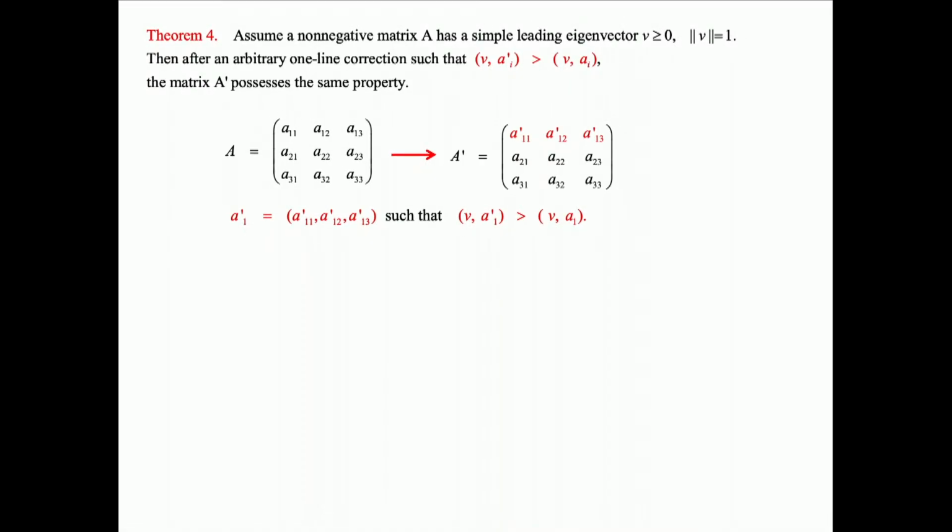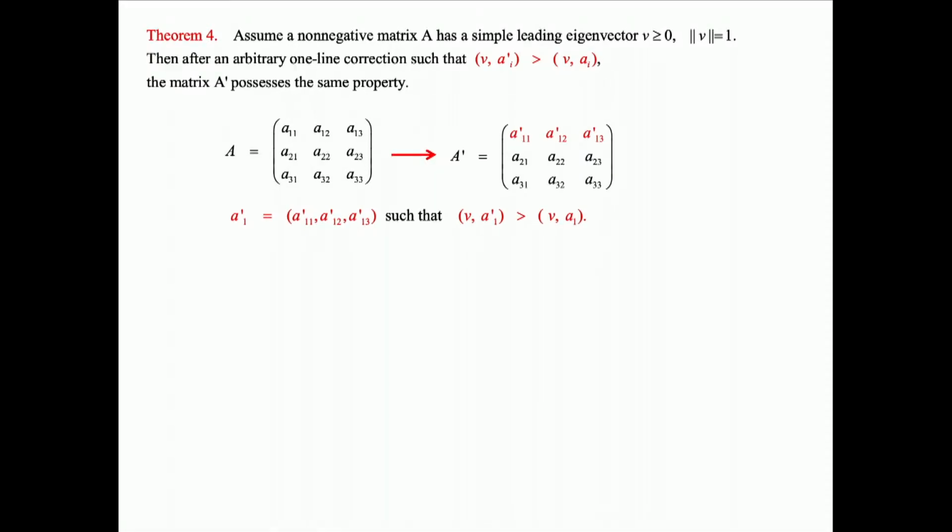Then, after every one-line correction, this property remains true. This means if we take some good initial matrix, then this good property will go through all the iterations, and in this case there is no cycling.